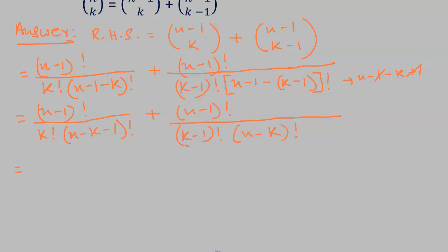Now the step that I am writing is not an essential step. I am just writing in case there may be some students who cannot directly deal with k factorial, n minus k minus 1 factorial and k minus 1 factorial and n minus k factorial.